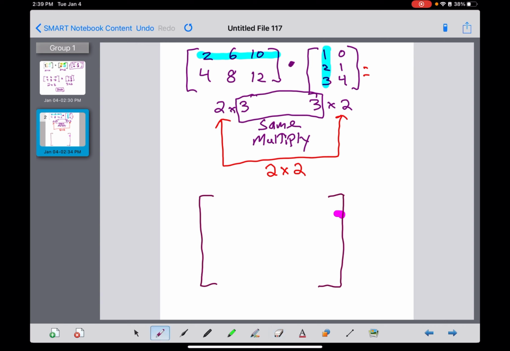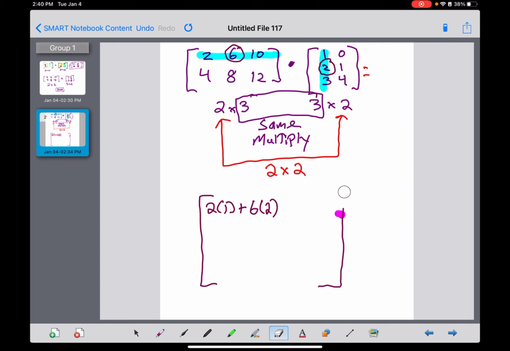The first term in that row is 2. The first term in that column is 1. So I'm going to take 2 times 1, plus the second term in the row and the second term in the column multiplied together. So that's 6 times 2.